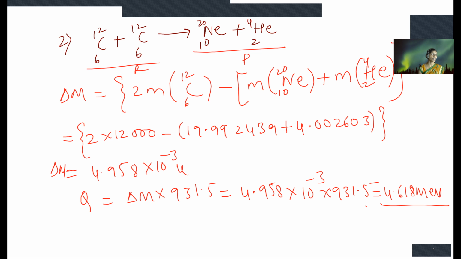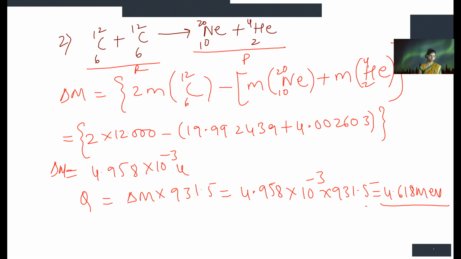Mass of neon is 19.99 plus mass of helium is 4.02603. If you calculate the mass defect, 4.958 into 10 to the power of minus 3 atomic mass unit, and we know Q value is calculated by using the formula delta M into 931.5. So we got Q value for the second reaction as 4.618 mega electron volt.